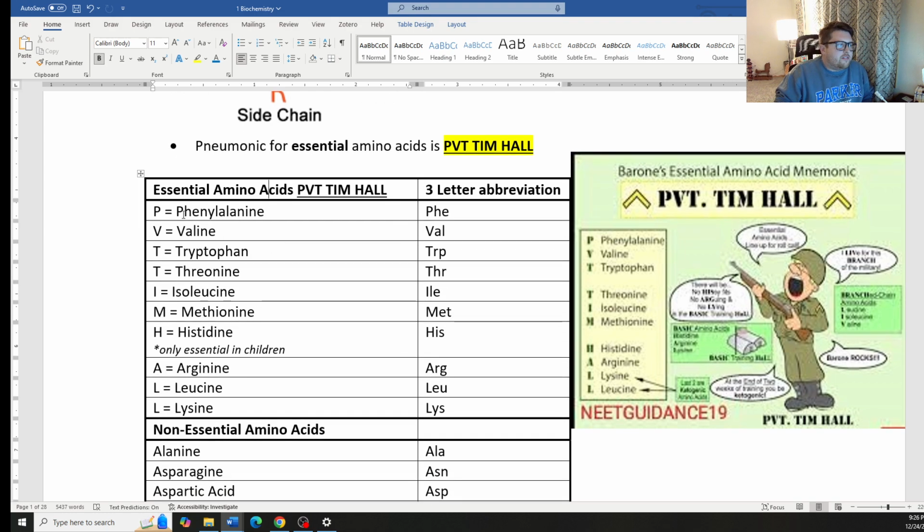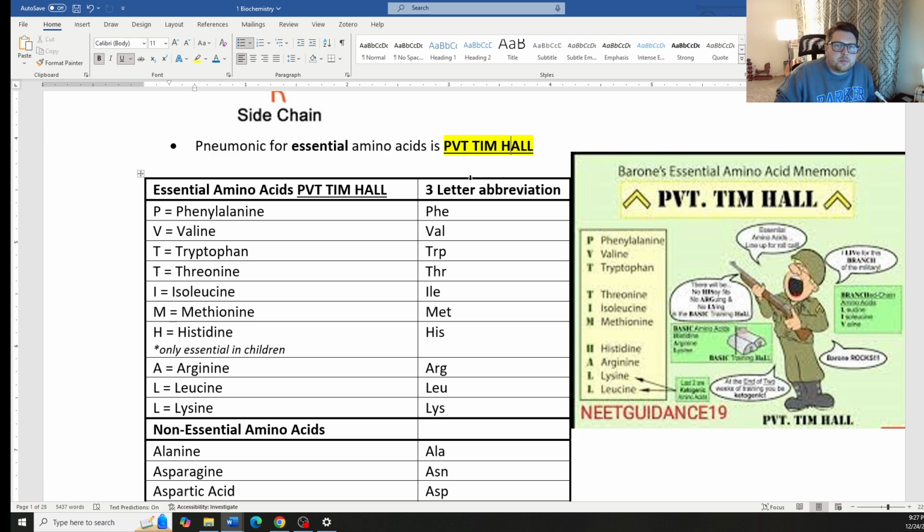These are phenylalanine, valine, tryptophan, threonine, isoleucine, methionine, histidine, which is our special one, and we're going to come back to that in 1 second, arginine, leucine, and lysine. The mnemonic to remember all of these is Private Tim Hall.